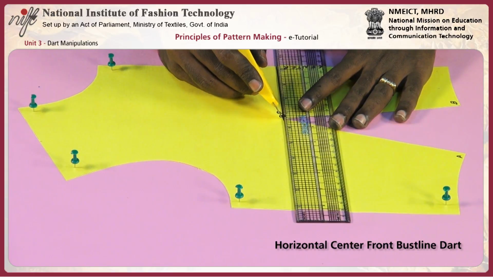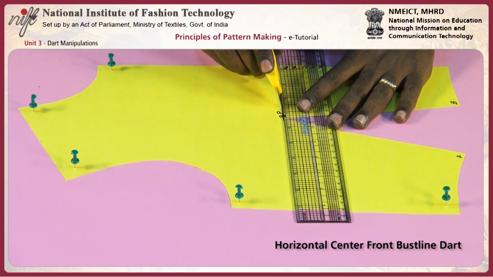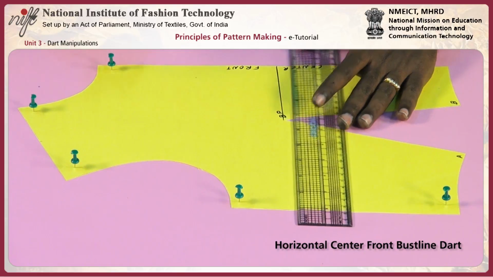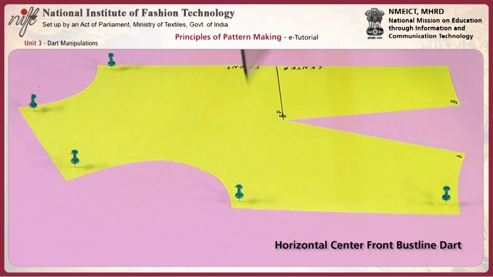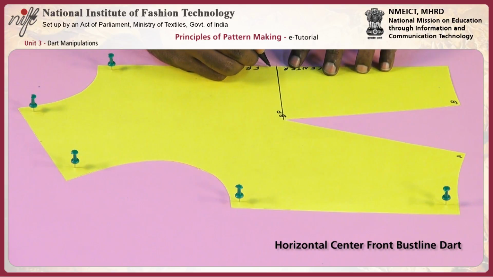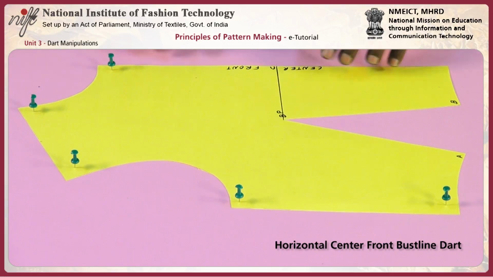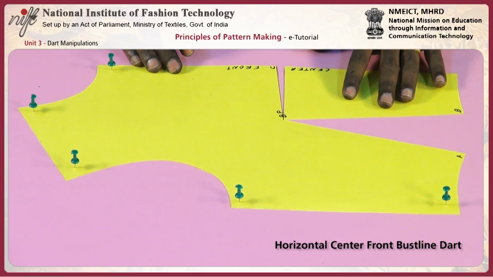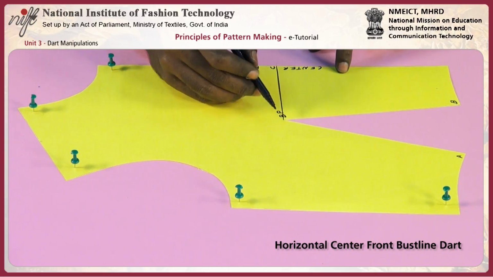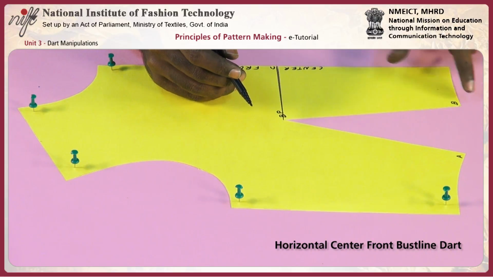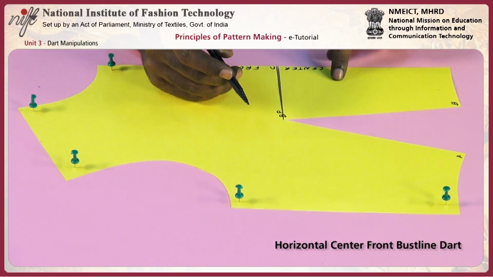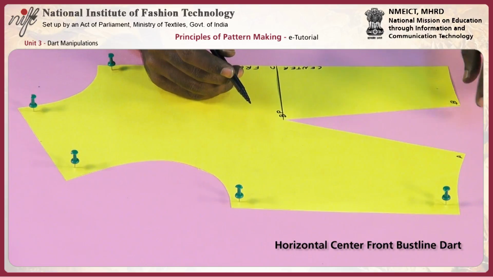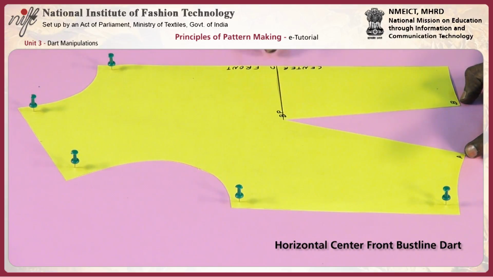Then slash the line. Mark C here. Now pivot at the bust point and move B to A. By doing this, it will close the dot at the waist and open the dot at the center front.